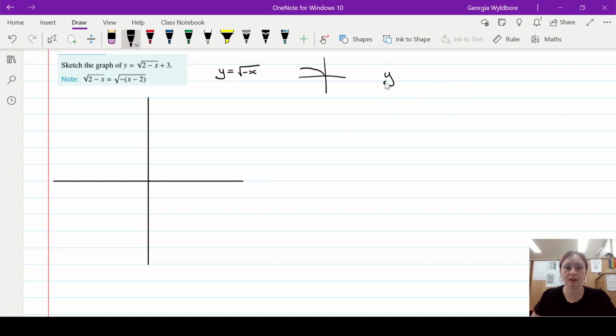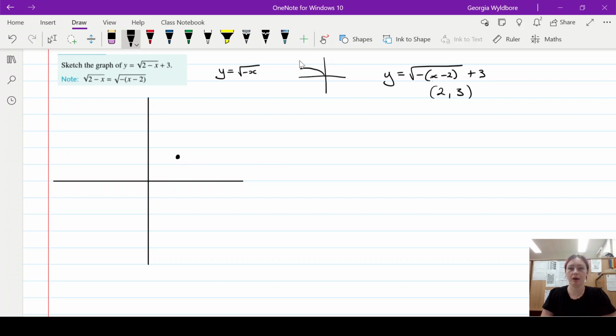So we can think of this as y equals the square root of negative x minus 2 plus 3. So our endpoint is at (h, k), so it's going to be at (2, 3), because now we've got x minus h under the square root rather than negative h minus x. So we know where our endpoint is, (2, 3), about there.